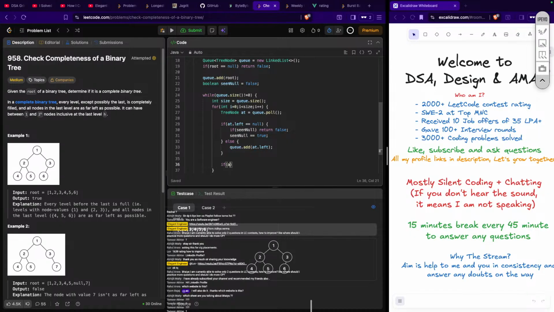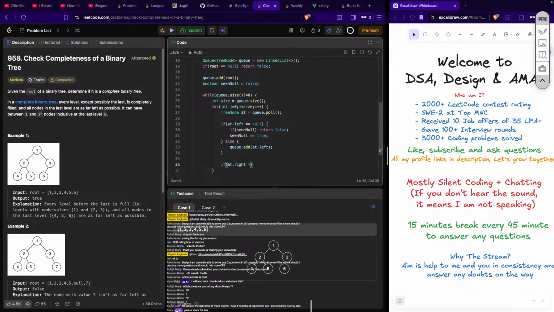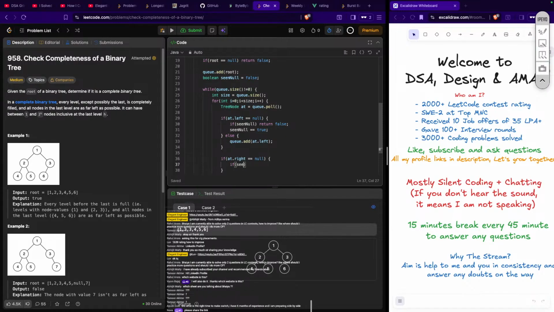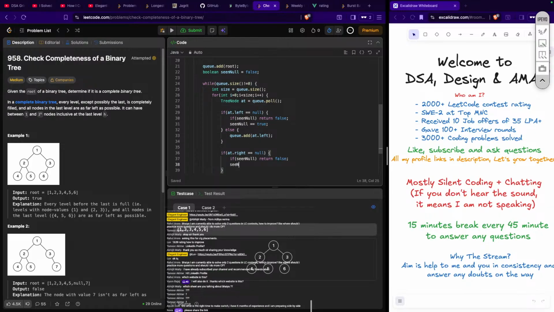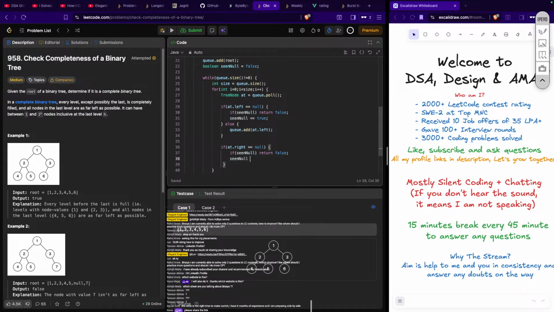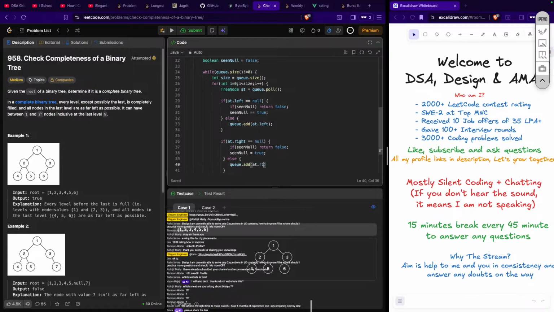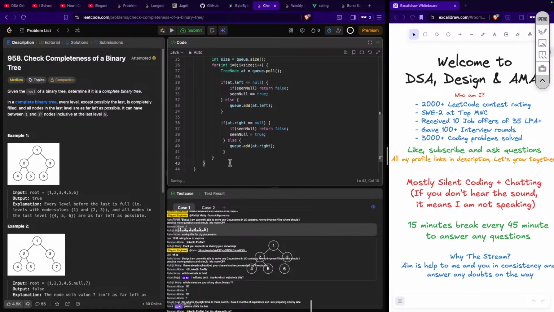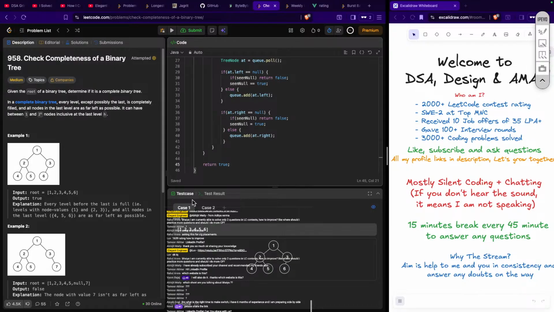Now if you come here, if at dot right is equal to null. I think this should work, but not sure.